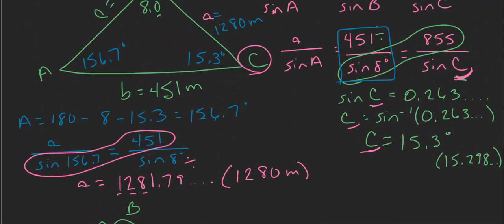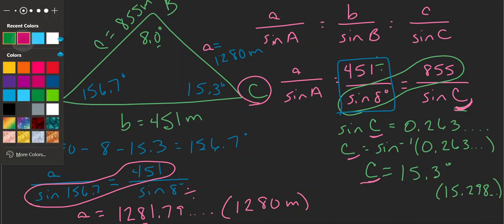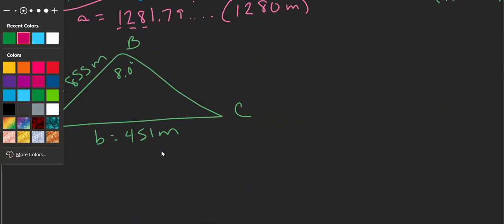Now the first time we did the triangle, we found angle C to be 15.3. But if it's going to occur a second time, it's going to be the supplement to that. So I'm going to go back down.